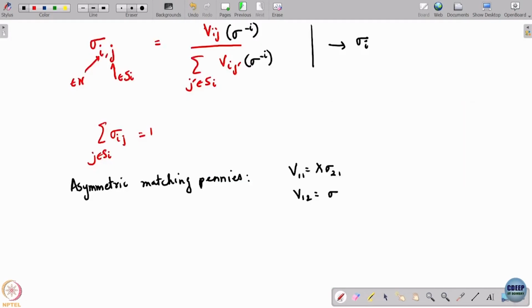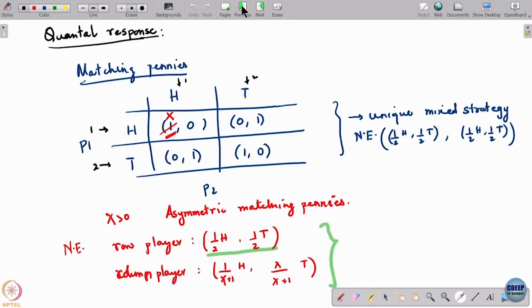V12 would be sigma 22, V21 is sigma 12, and V22 is sigma 11. So what have I written here? This is the expected utility that player 1 gets when he plays heads, assuming player 2 is playing sigma 2. Why do you get x times sigma 21? Because it's x times sigma 21 plus 0 times sigma 22.